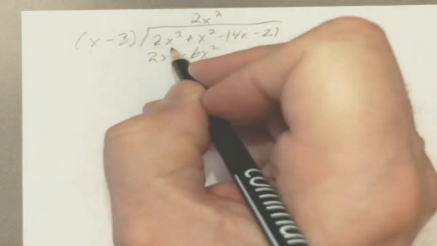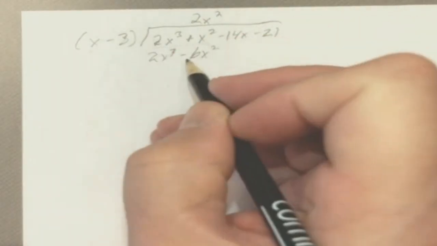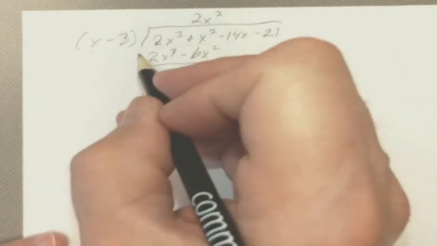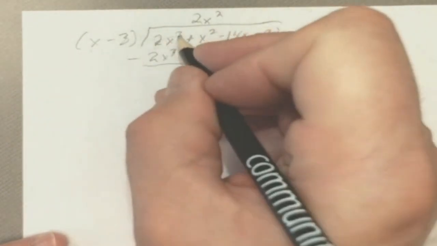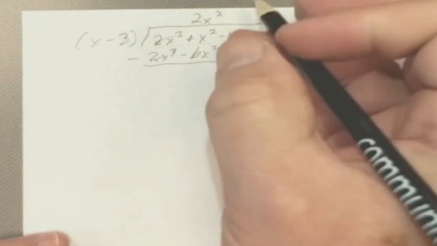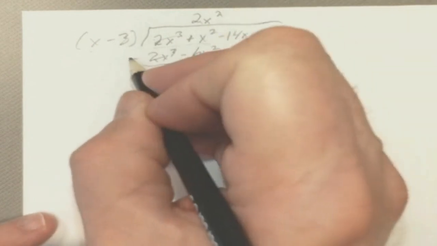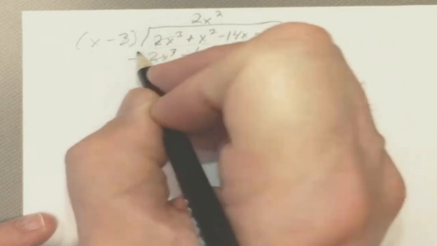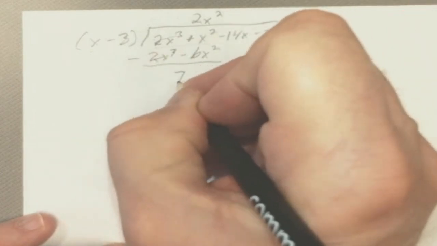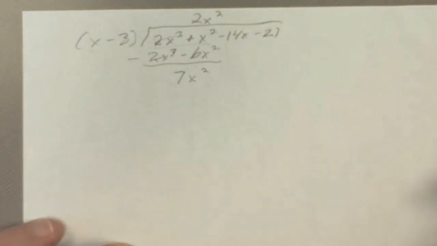This works just like numbers, except we've got x's in here. Now we subtract. This minus this is 0, so that goes away. x squared minus negative 6 gives us 7x squared.